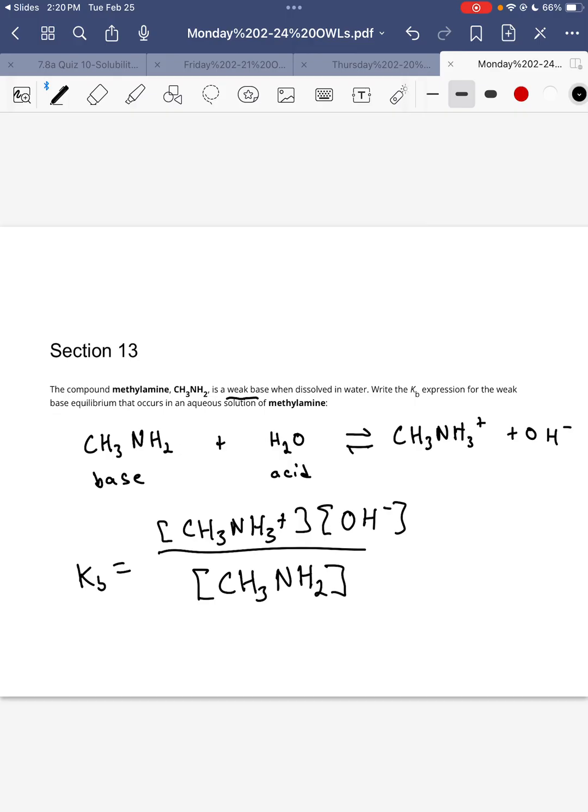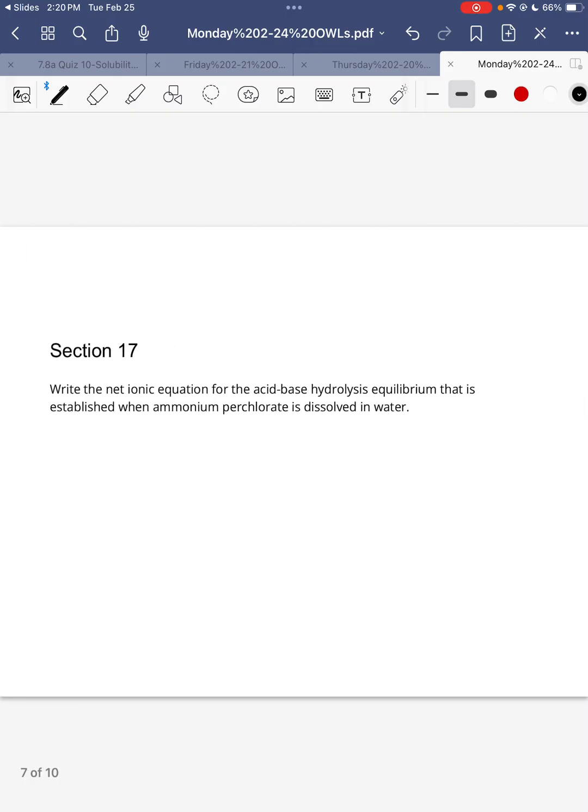Next, we're going to skip ahead another few sections and go into section 17, where we're writing the net ionic equation for the acid-base hydrolysis equilibrium that is established when ammonium perchlorate is dissolved in water. So the first thing I want to do is figure out what ammonium perchlorate is. Well, it's NH4ClO4, which is an ionic solid.